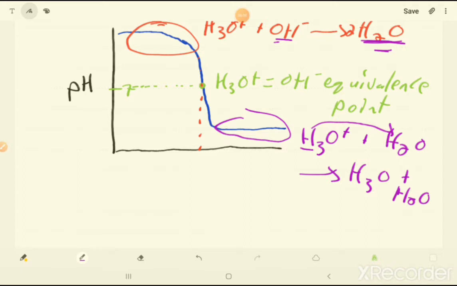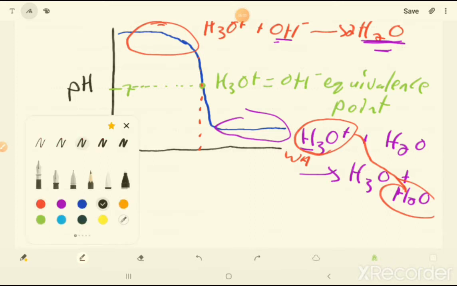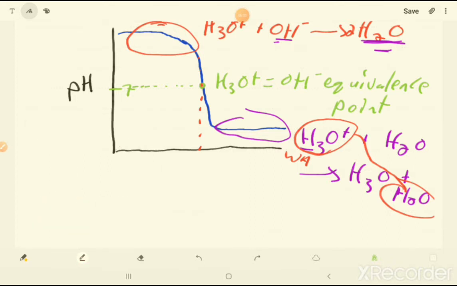Now, why would that cause a flattening? Well, again, if you look at the system, we have a weak acid present over here, and its conjugate base present over here, the water molecule. It's quantitative because the reaction happens at a constant rate, which allows both of the ions to fully react with each other. And hence, in this entire strong acid, strong base titration, we have two buffer systems.